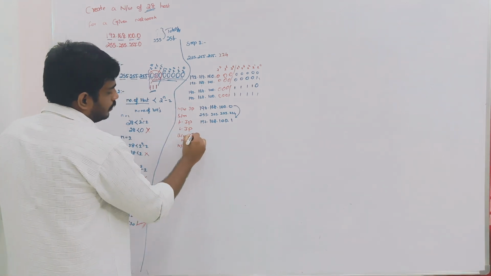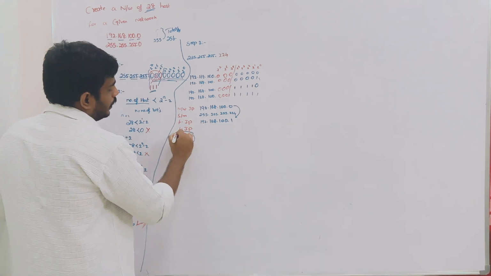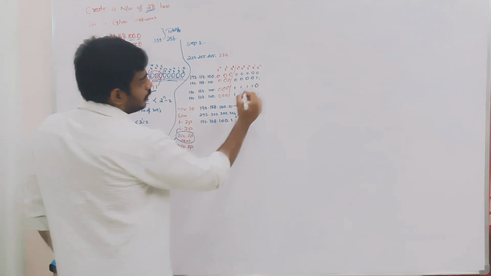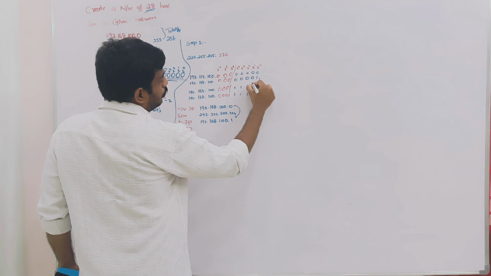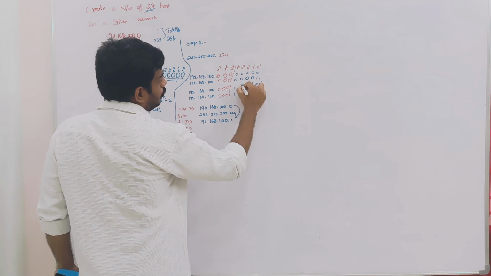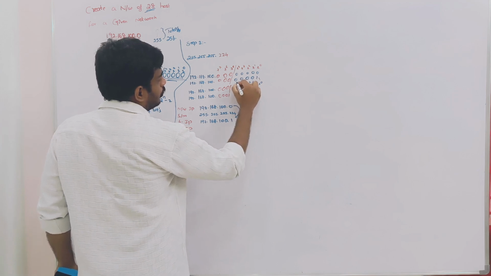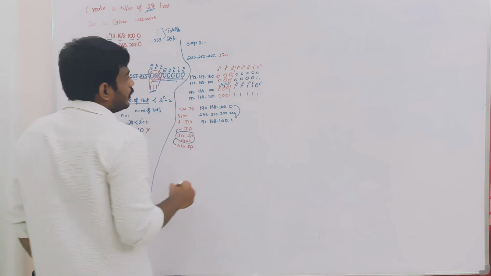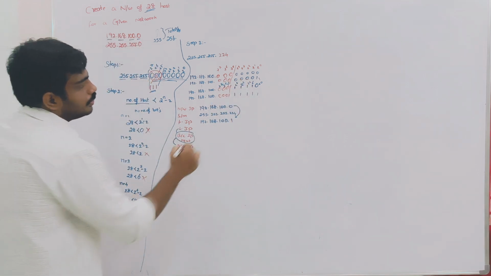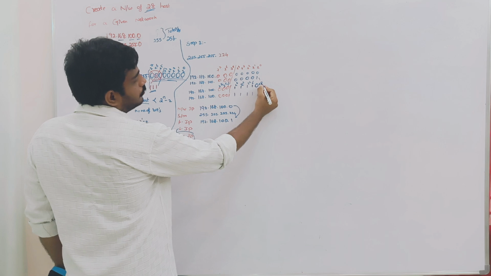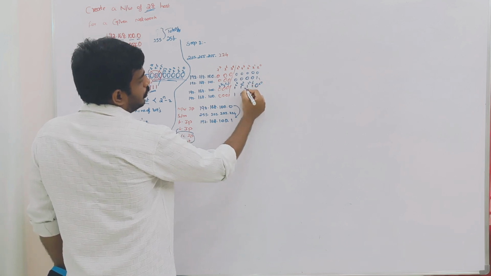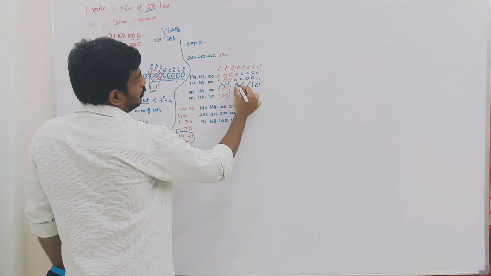You have to find the broadcast IP so that you will get the last IP and the network IP. So what will be the last IP? You take 2 power 0, 2 power 1, 2 power 2, 2 power 3, 2 power 4, 2 power 5, 2 power 6, 2 power 7. If you multiply all of them, 0 times 2 power 0, 1 times 2 power 1, 1 times 2 power 2, 1 times 2 power 3, 1 times 2 power 4.